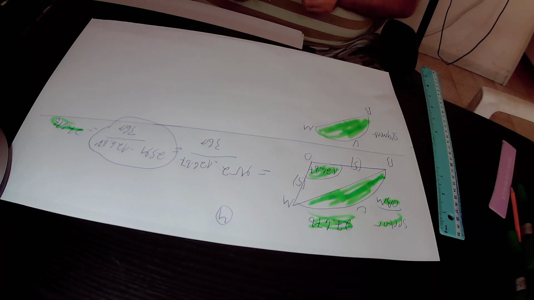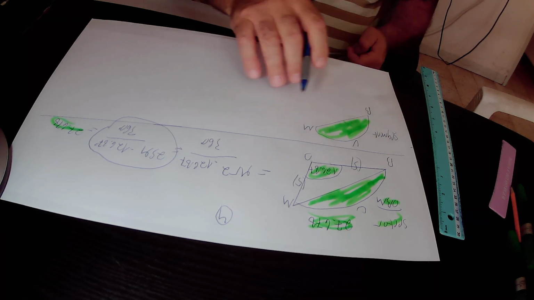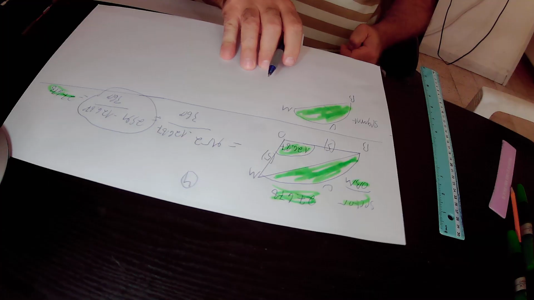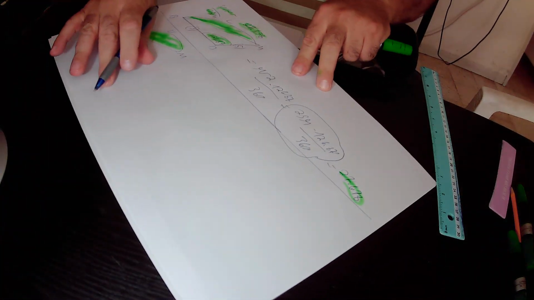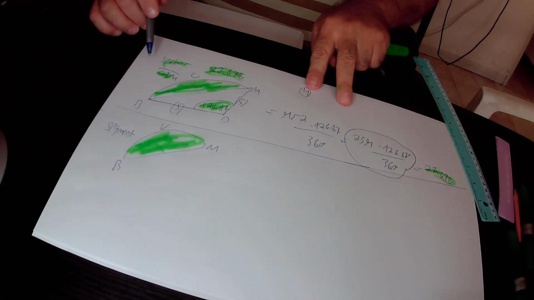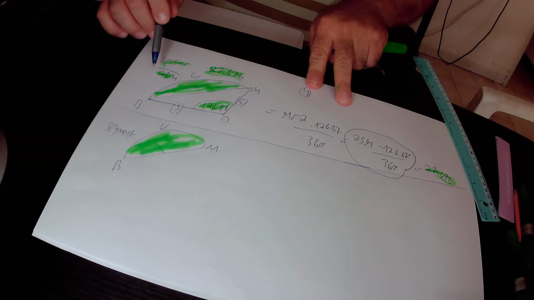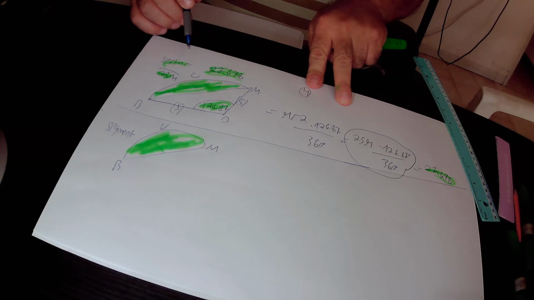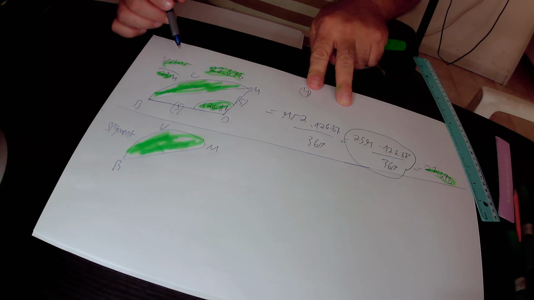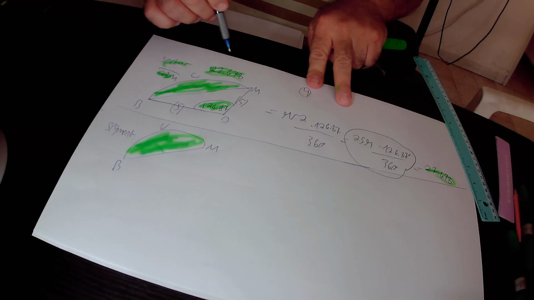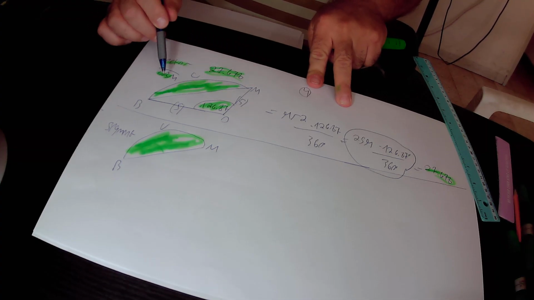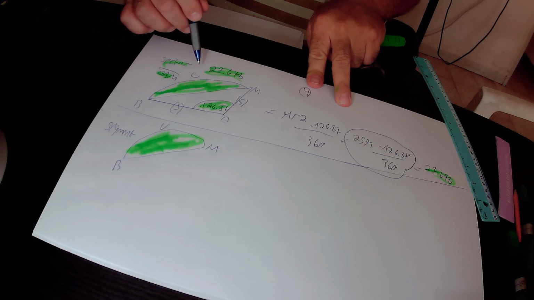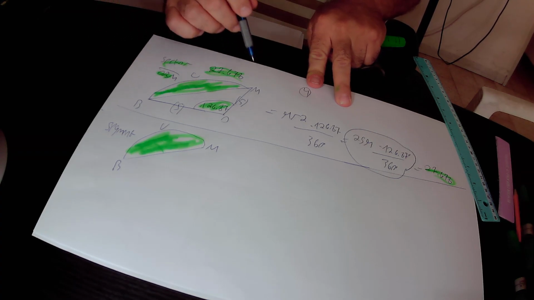So what is the area of the upper segment BUM? From the drawing, it's very easy to see that if you remove triangle BMO from sector BOM, we get exactly the upper segment BUM.